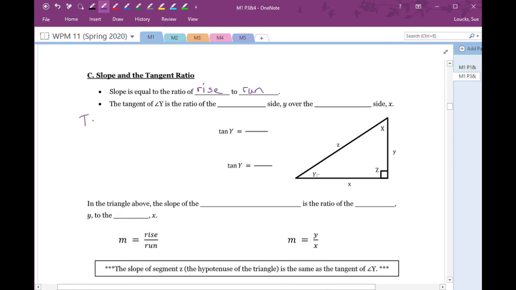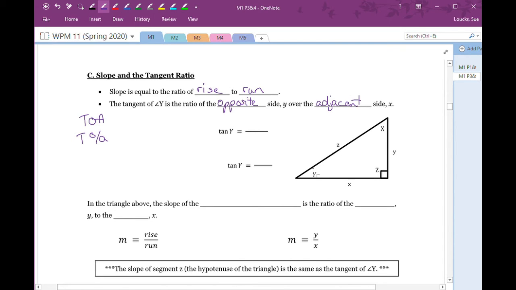So TOA, or some people write it as TOA, which I think is better, but is really hard for me to do because I learned it the top way. The tangent of y is the ratio of the opposite side over the adjacent side.